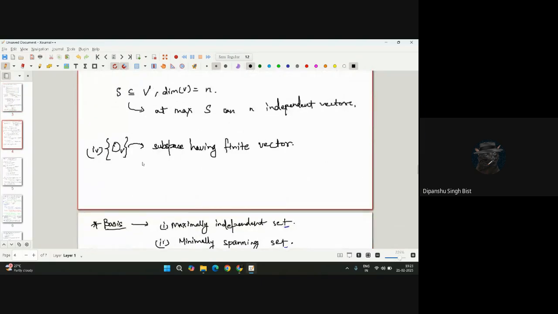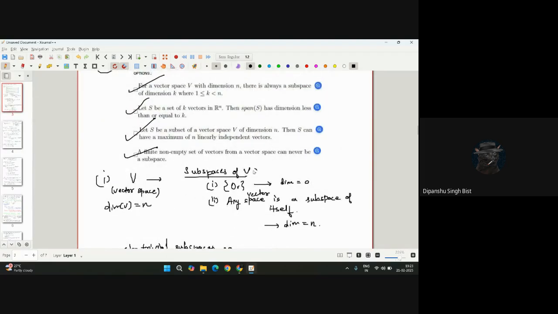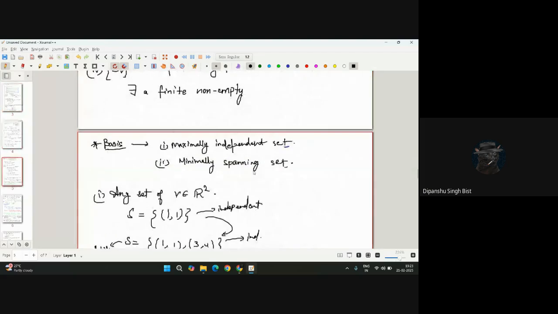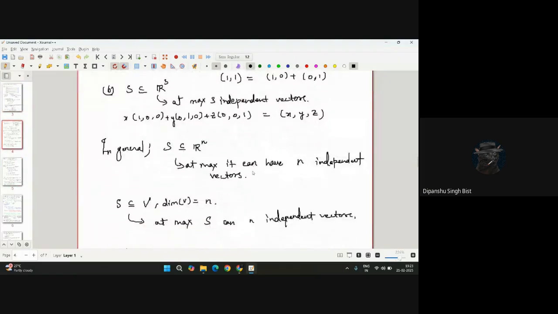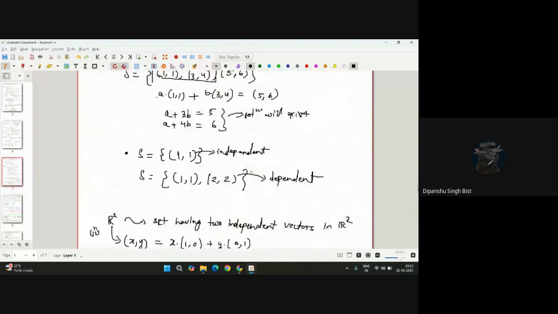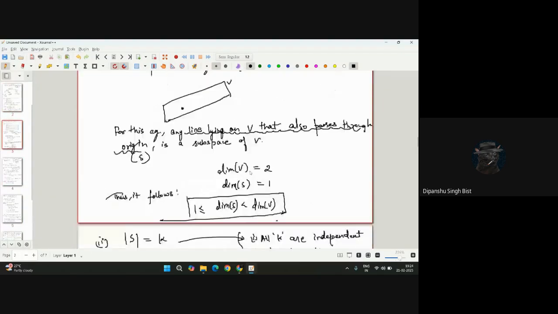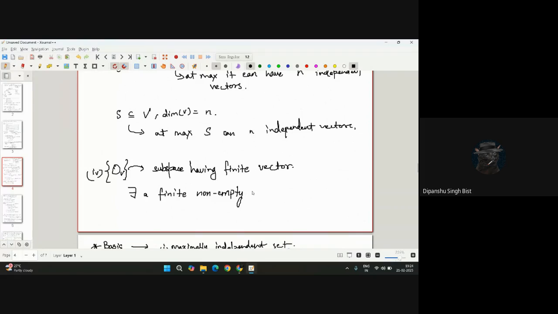So we are saying that there exists a finite non-empty set that can form a subspace.